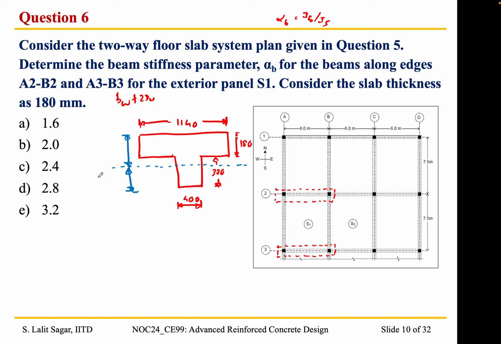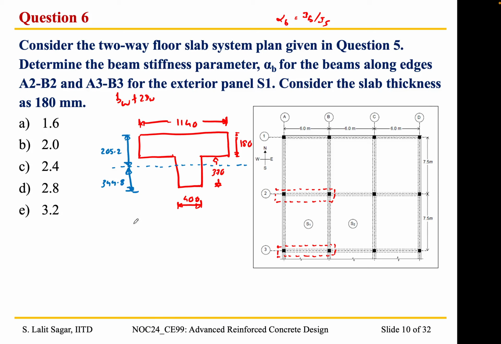For this T beam, I am able to get a value of 205.2 as the depth of neutral axis from the compression edge, and 344.8. Correspondingly, what is the value of IB?